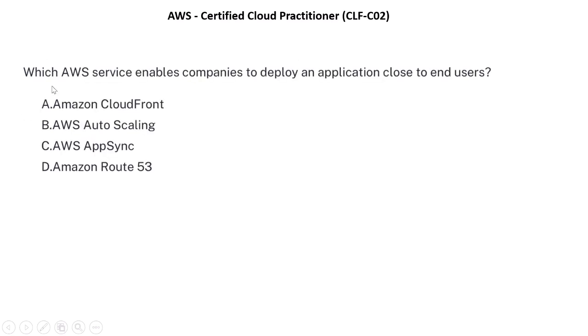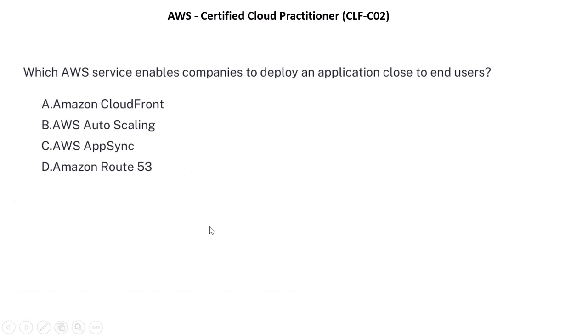Next one, which AWS service enables companies to deploy an application close to end users? The options are option A, Amazon CloudFront, option B, AWS Auto Scaling, option C, AWS AppSync, option D, Amazon Route 53.